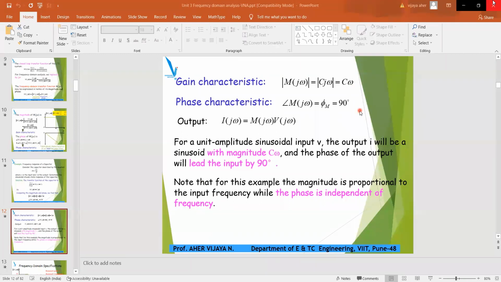So this is the conclusion we have got from our example, and that's why you have to note this. M(j omega) is nothing but the magnitude of your capacitor in frequency response, that is proportional to input frequency omega, whereas there is no relation between input frequency and phase. So we can say phase is independent of frequency.